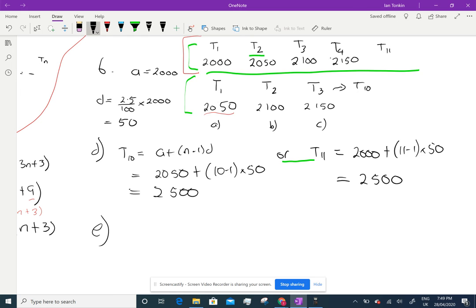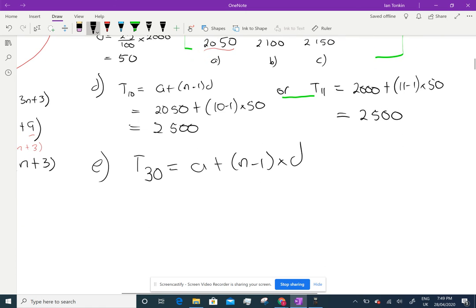So E, I'm going to use this one here, and I'm going to go T of 30 equals A plus (n minus 1) times D. My A is 2,050 plus (30 minus 1) times 50.